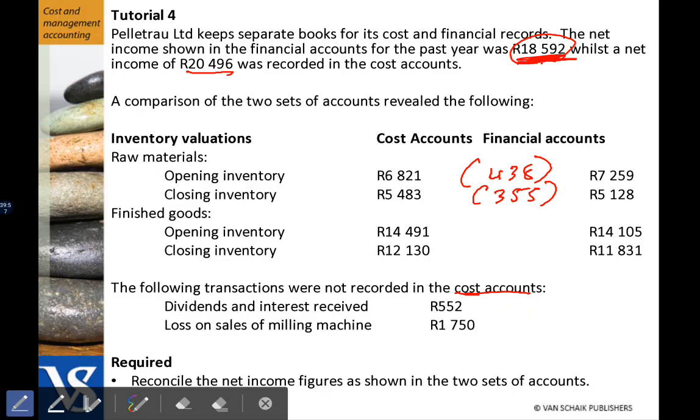And they are saying to you, take this financial accounts, make it equal to the cost accounts. So what they've added and we didn't add, we have to take out again. We need to deduct these dividends and interest because they are already in that 18,000. Because we don't have this on the cost account, we need to take it out.